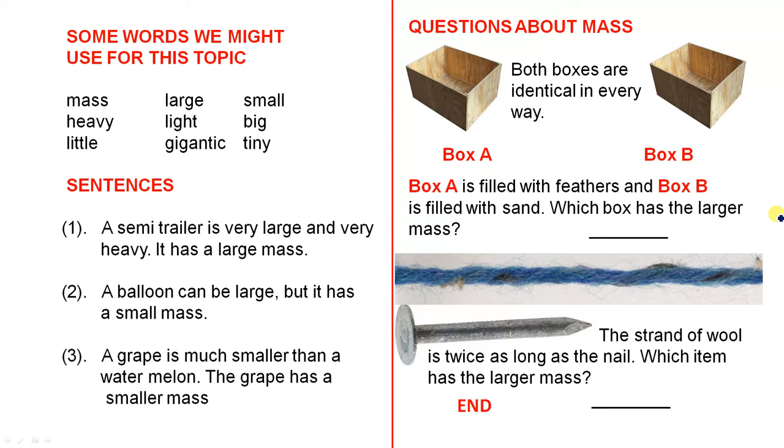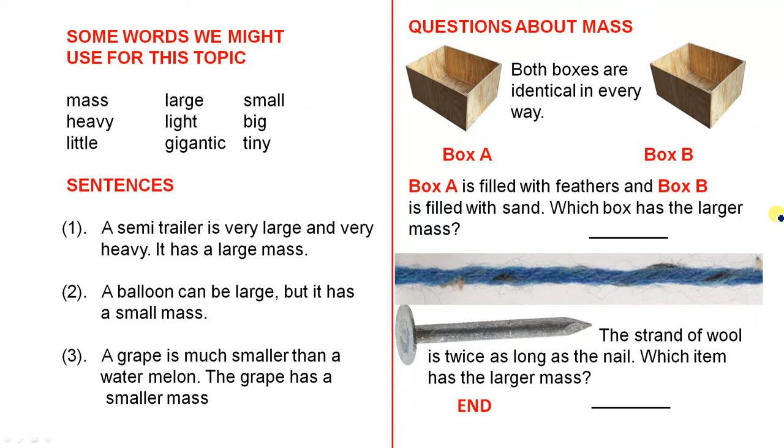Now here is an example of 3 sentences, and let's have a read what they're saying. A semi-trailer is very large and very heavy. It has a large mass. Okay, so that's just some information, and that makes sense.